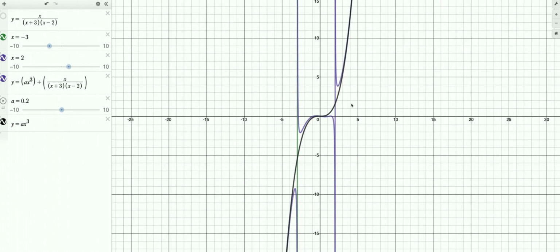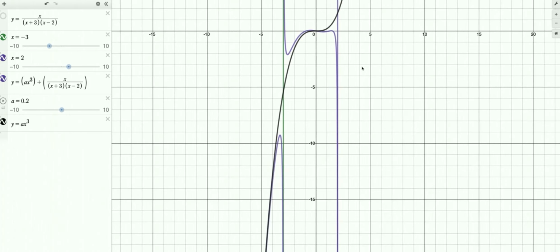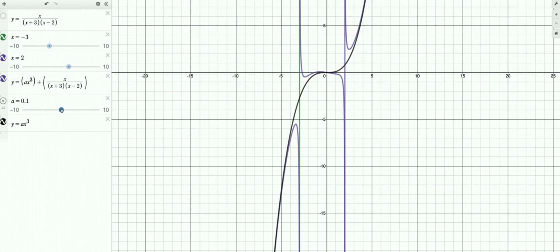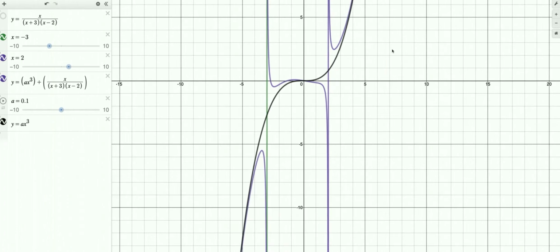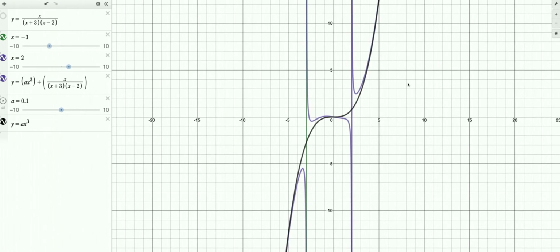Remember how the cubic looks? Okay. I hope this helps you get an idea of what's going on here. I'm not sure it does, but I'm trying my best here. Okay. Well, there it is.